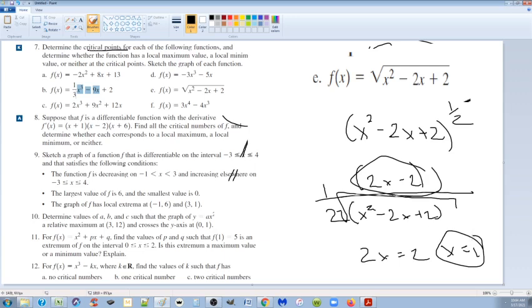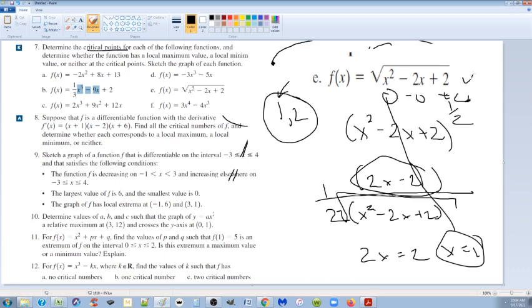When we punch that in there, though, we get what? 1 minus 2, so minus 1 plus 2. So you get 1 comma 2. The question is, is that the starting point? Let's take a value below that, 0. You get 0 minus 0 plus 2, so 0 is fine.